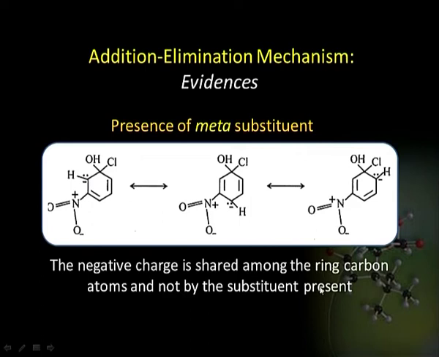In case of meta substituent, there is no possibility because this negative ion is formed at different positions in the benzene ring. As a result, the nitro group is not able to contribute to the sharing of this negative charge. The negative charge is shared only among the ring carbon atoms and not by the substituent.